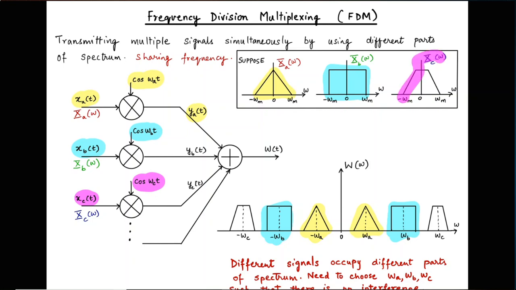So the trapezoid moves up and down by omega sub c, giving you those two pieces there. And we have sketched the final spectrum here, which is indicated by capital W of omega. We have sketched that on the frequency scale. The x-axis is omega over here. And you can clearly see that these three signals are sharing the resource of frequency.